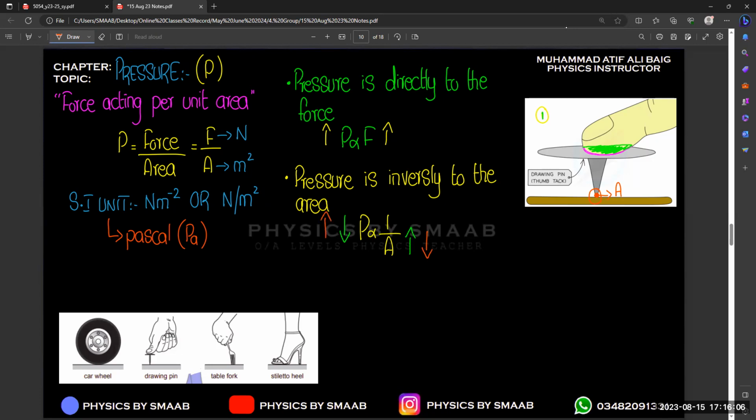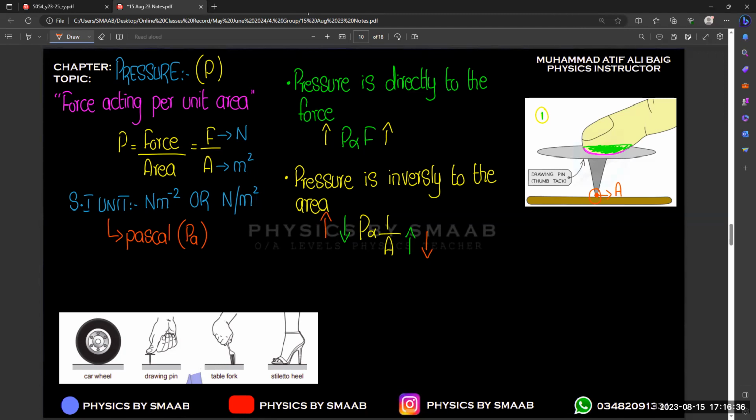It means you do not have to apply a very great force on the thumbpin to penetrate it into the board. That's why we use thumbpins to fix papers and charts on the board, because it is very easy, as we apply very little effort on the pin to penetrate the board. Okay, any confusion?